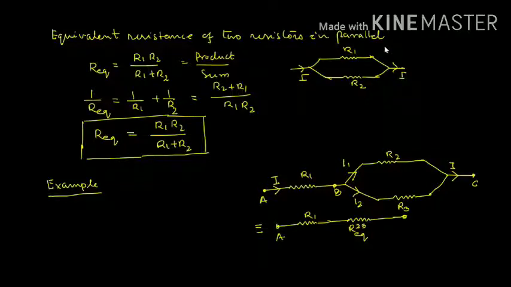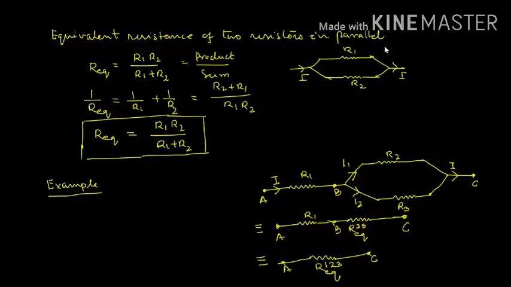This point is A, this point is B, and this is C. Now R1 and R equivalent 2, 3 are connected in series. So the equivalent resistance becomes R equivalent 1, 2, 3, between A and C.